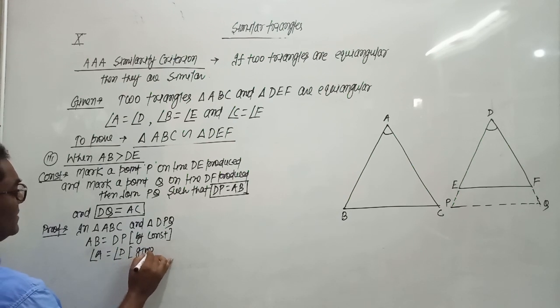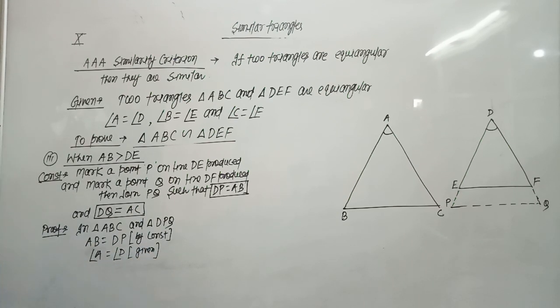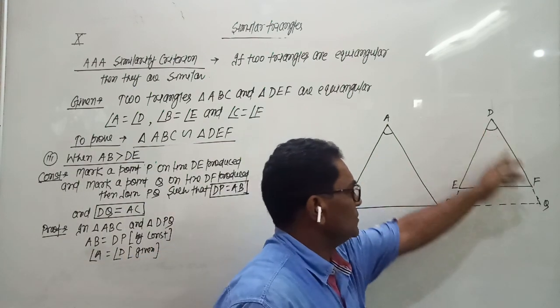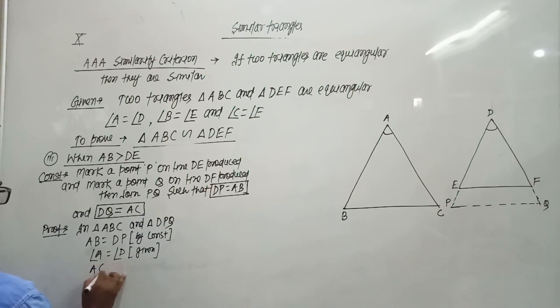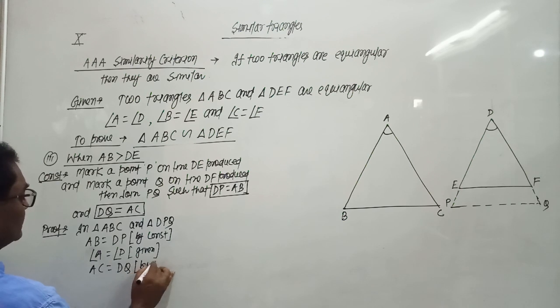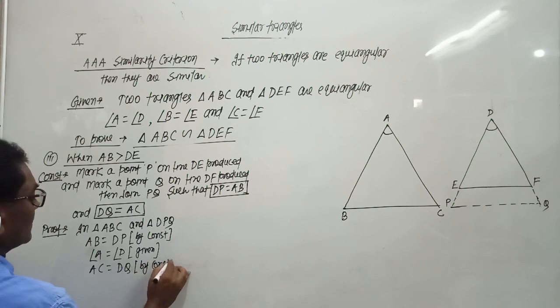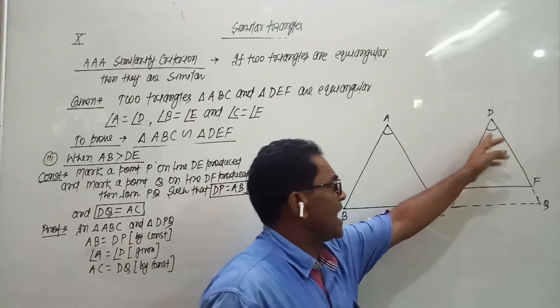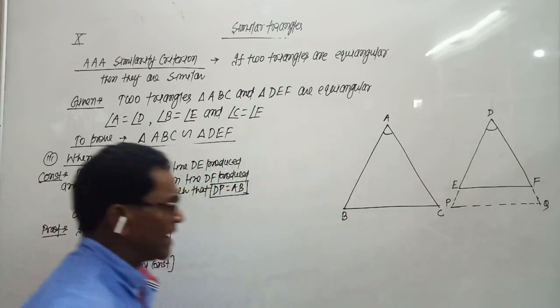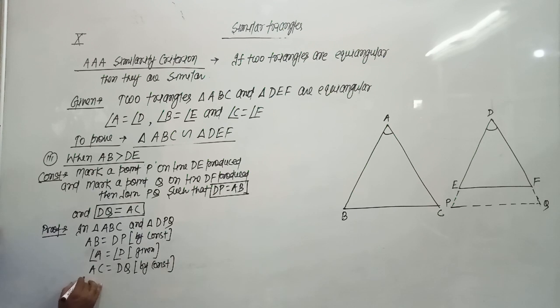And AC equals DQ, this is also by construction. So by SAS, side angle side, these two triangles are congruent.